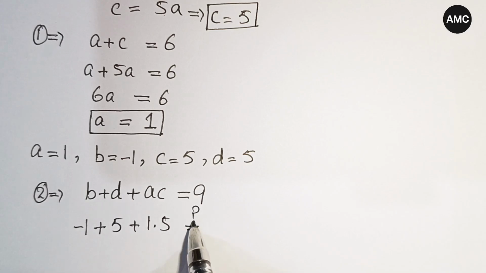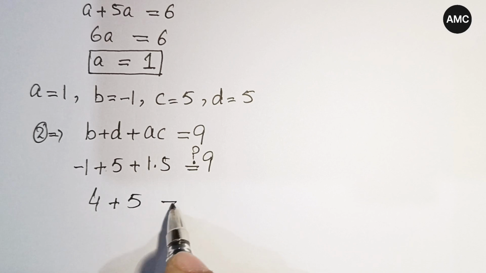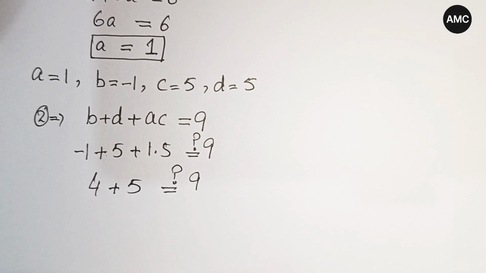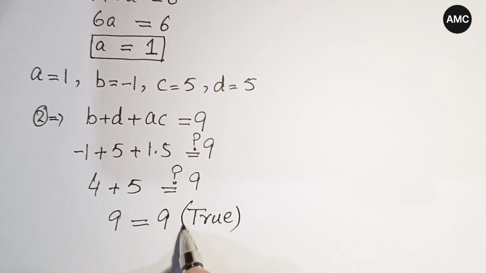Is it equal to 9? Now here we get plus 5 minus 1, we get plus 4, plus 5 times 1 is 5. Is it equal to 9? Then 4 plus 5 is equal to 9. So it is true that our left hand side is equal to right hand side.